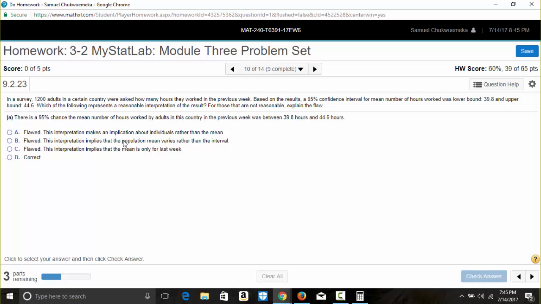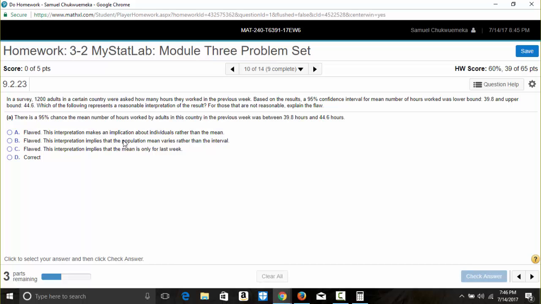A. There is a 95% chance the mean number of hours worked by adults in this country in the previous week was between 39.8 hours and 44.6 hours.